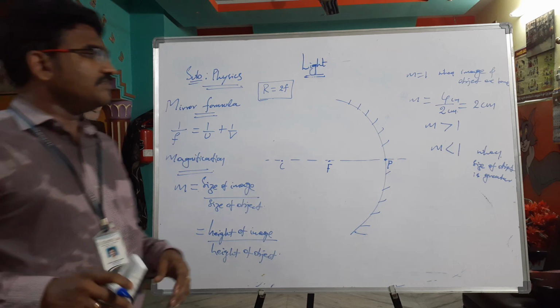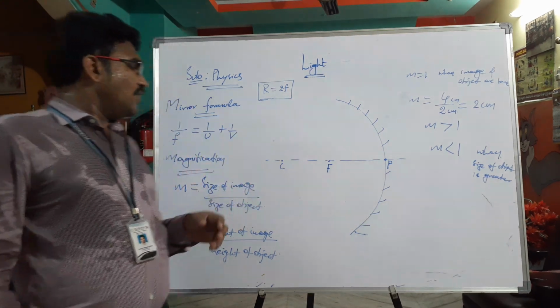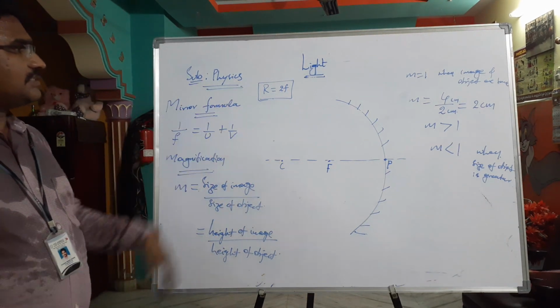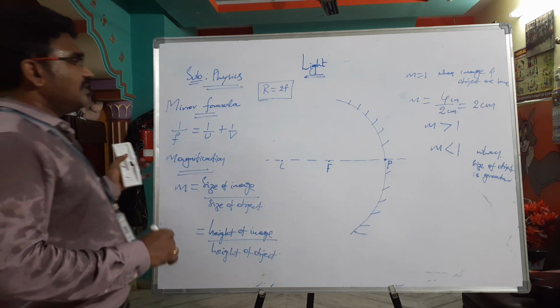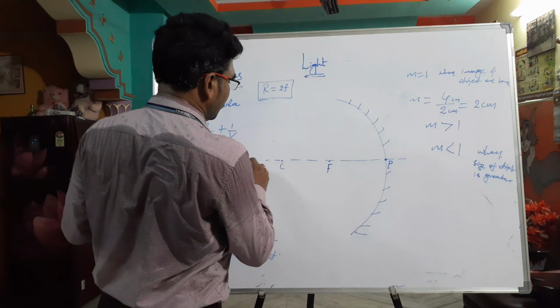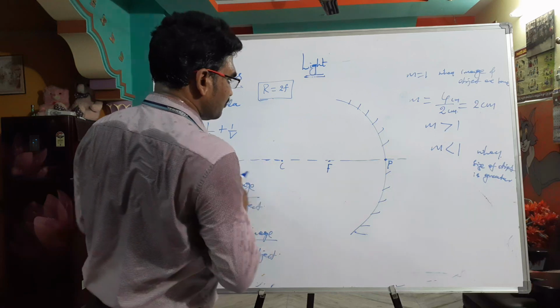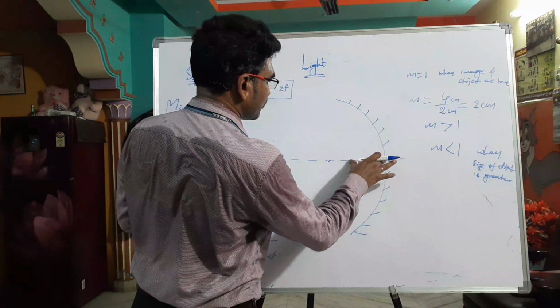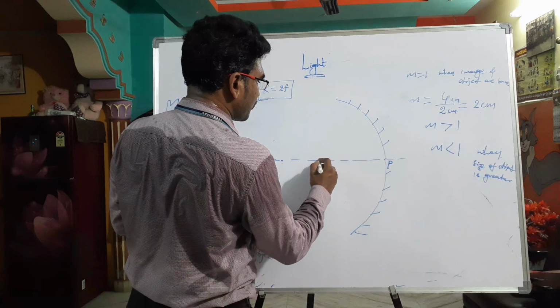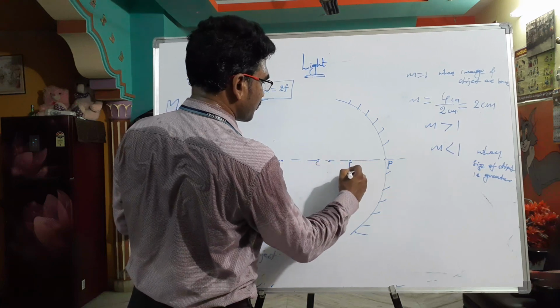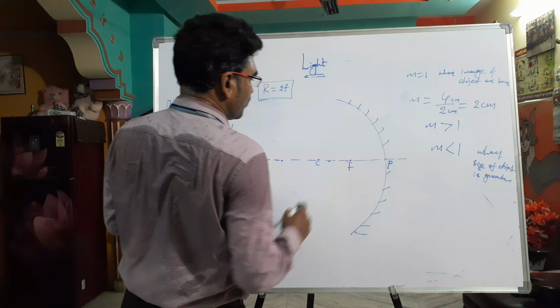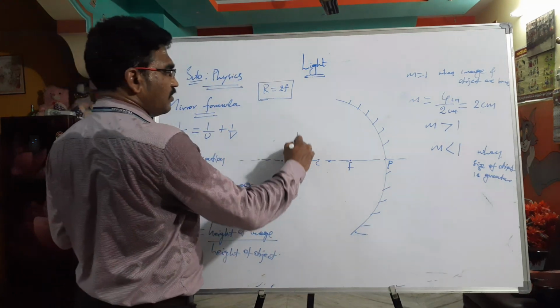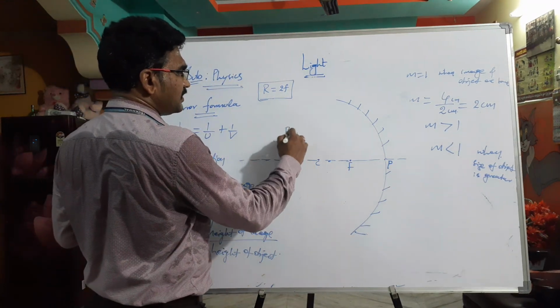At the same time, now we will discuss how this magnification comes into the picture. For example, here an object is there, OB is the object.